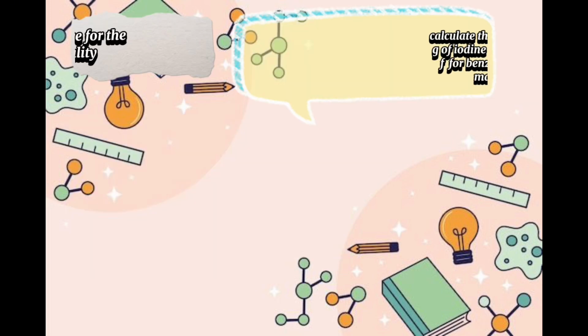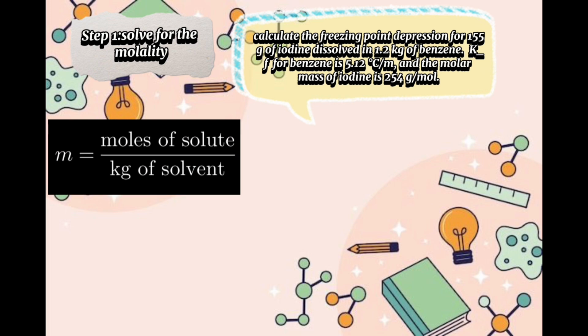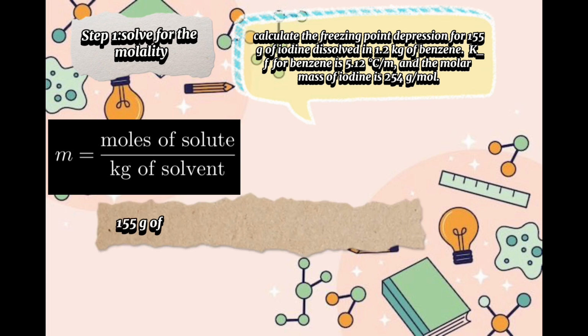First, we're going to solve for the molality by the formula given, which is m is equal to moles of solute divided by kilograms of solvent. So we're going to find the moles first of the iodine. So 155 grams of iodine times 1 mole divided by 254 grams of iodine.